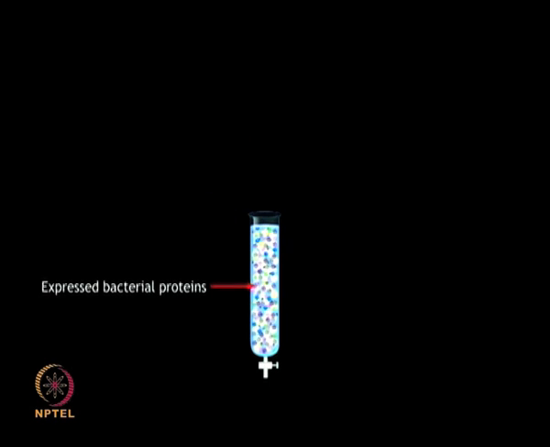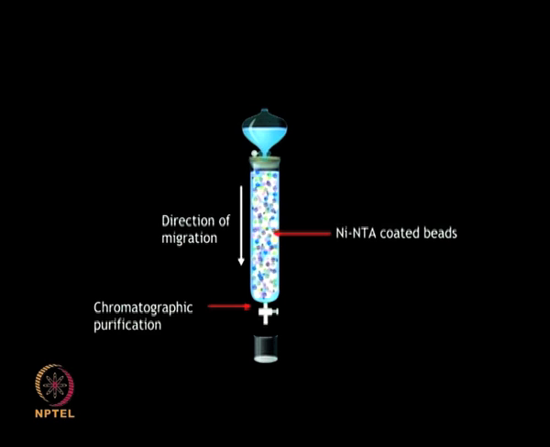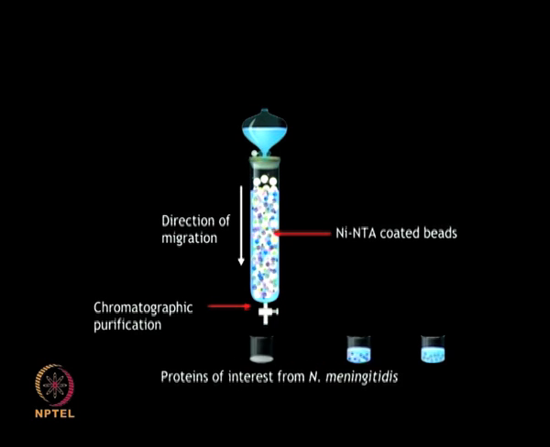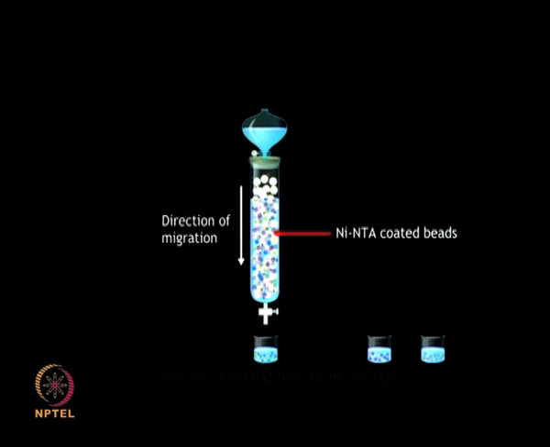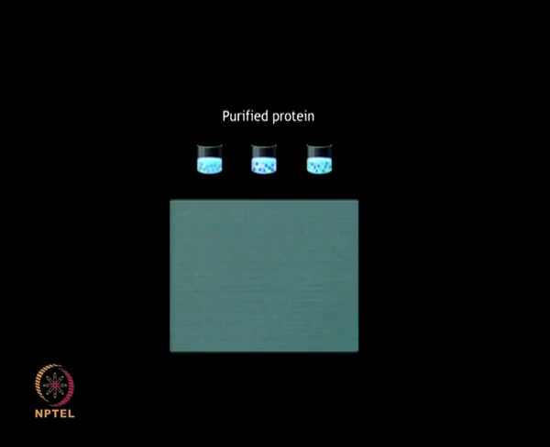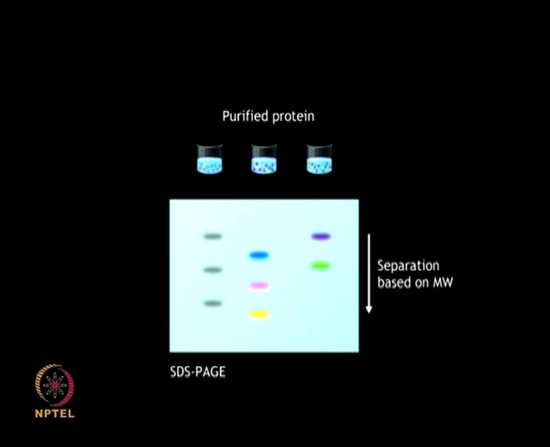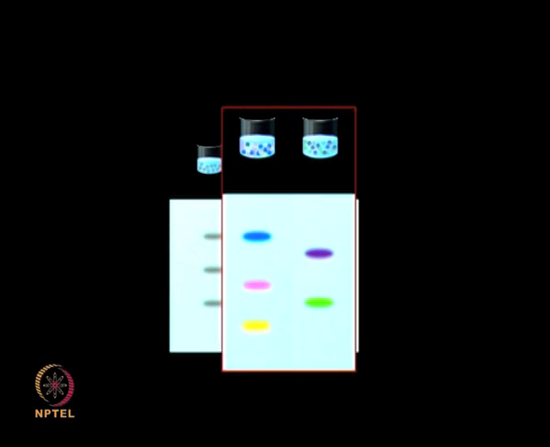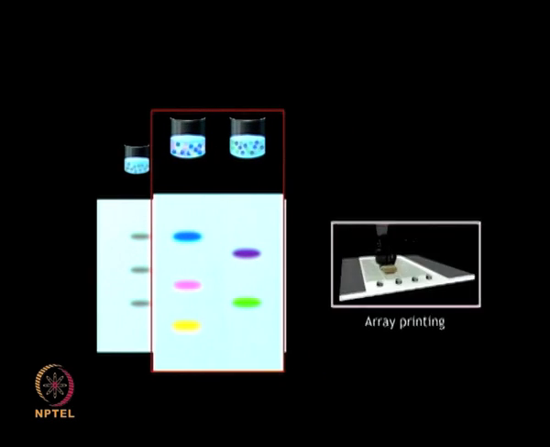The proteins were purified based on the specific nickel NTA binding. After various elutions were collected, these fractions were further separated on the SDS-PAGE gel to check the purity of these preps. This shows the SDS-PAGE separation of these proteins based on the molecular weight.